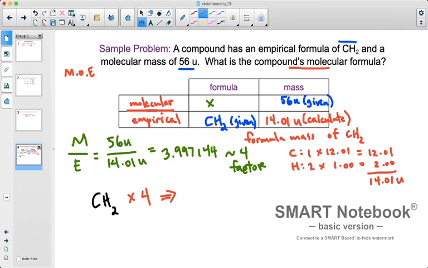I end up getting C4H8, and that's my answer. That's the molecular formula that comes from giving me this information. So I don't want the factor, I don't want the mass of the empirical formula. I want the actual molecular formula with the numbers, with the symbols, with the subscripts. All right, so that's what you're looking for.